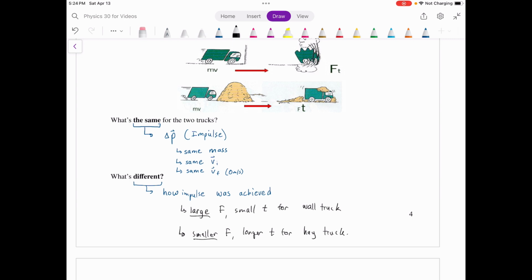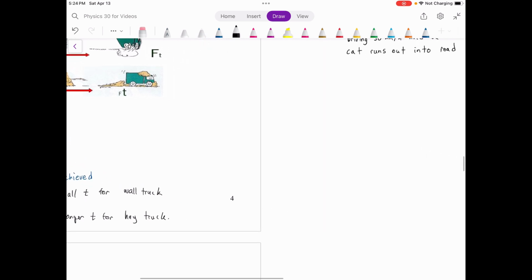If you think about airbags, what does an airbag do? Well, an airbag is there to come out and meet your face as it's coming forward, so that it starts applying the force earlier, giving you a longer time to eventually come to a stop, right? So that the force acting on you can be smaller, because a force is what's going to injure you.